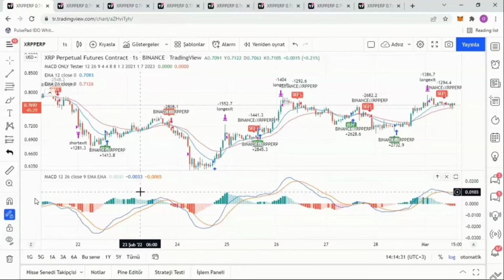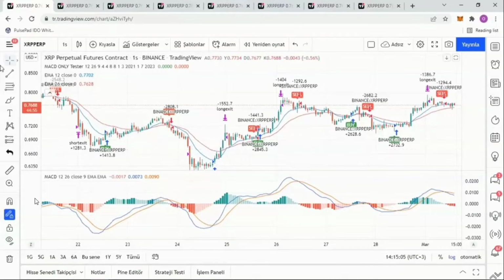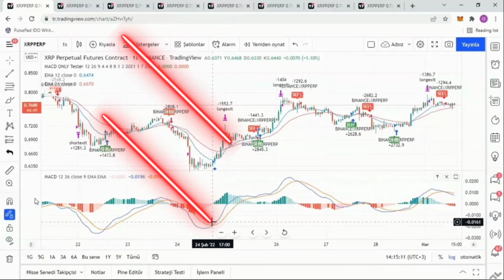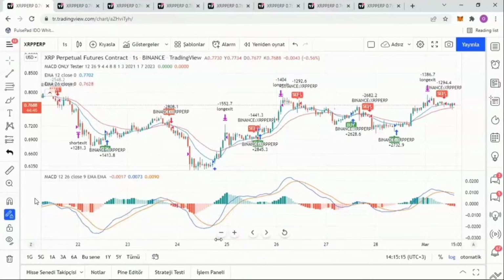On the chart, you can see both MACD and two moving averages. Moving averages are set to 12 and 26 just like MACD. However, when we check the crossover or cross-under signals, we can easily see that MACD crossovers or cross-unders are coming earlier than the moving averages crossover or cross-under signals.